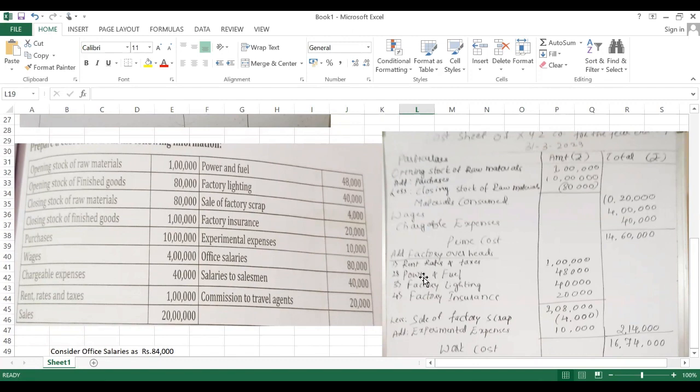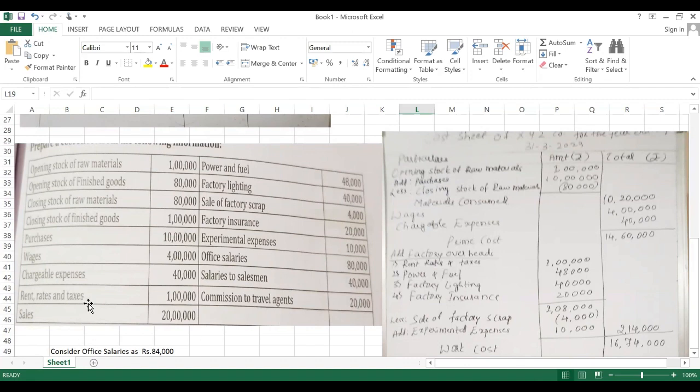Okay. Now if you watch the format, the second thing is factory overheads. As I told you, any expenses related to the factory, you have to mention in this head, factory overheads. So if rent, rates and taxes are mentioned for the office, consider them for administration expenses.